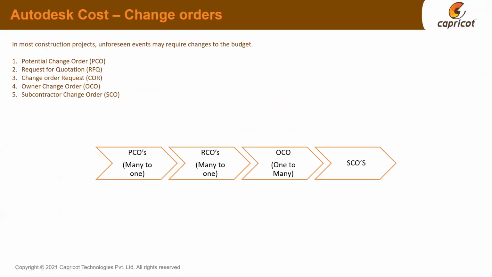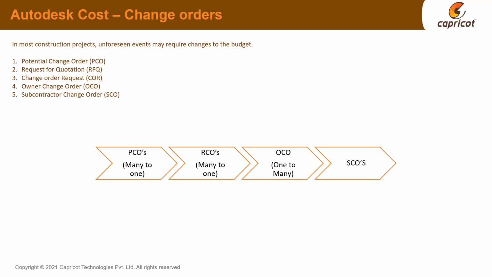Now we come to change orders. As Harish sir also explained, there are a lot of change orders in the project. Maybe during the construction time there are a lot of things which get changed or need revision. So there is a complete process in cost management in ACC, where we first create a potential change order.